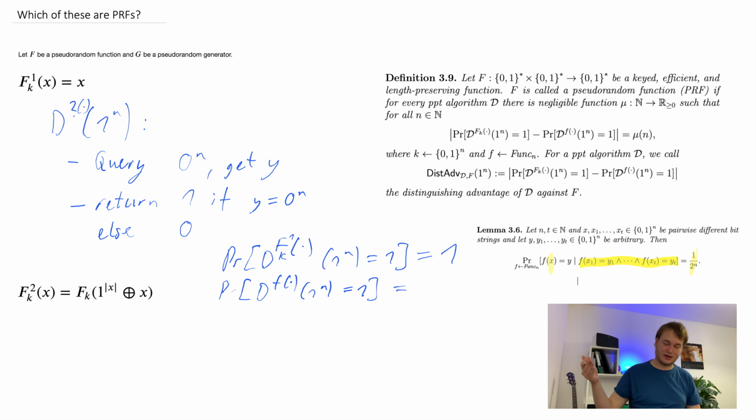Even if I've seen all of the other y_i's, this is independent of seeing the other y_i's. I always get a uniformly random image if I query a new x. This is how properly random functions work.